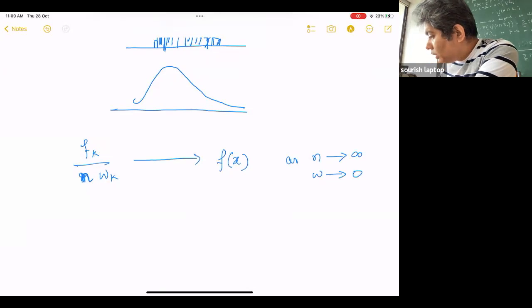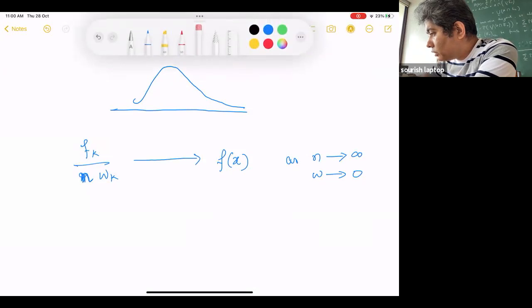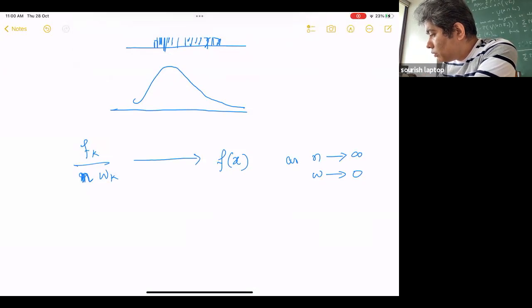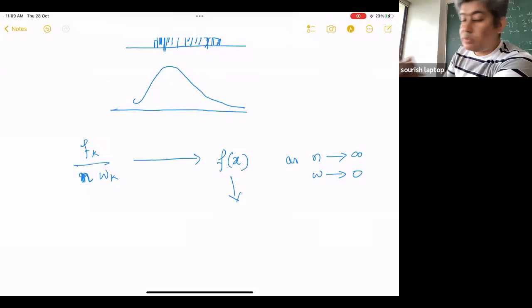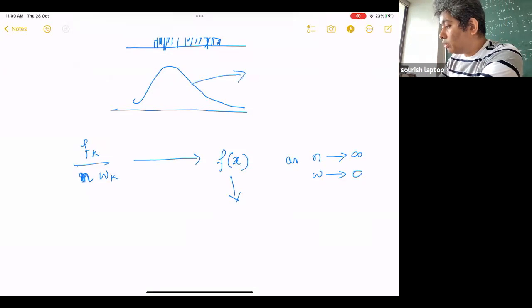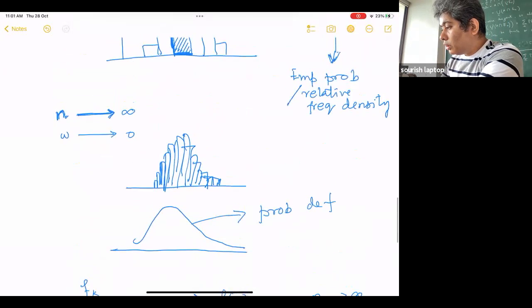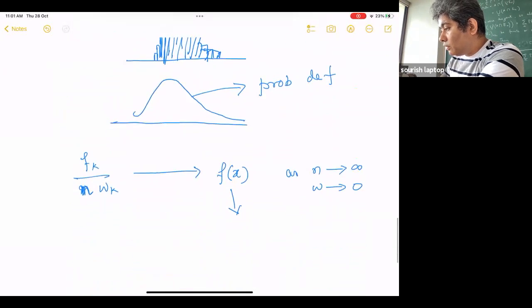This smooth function is called the probability density function.